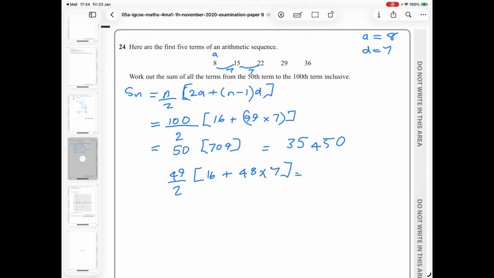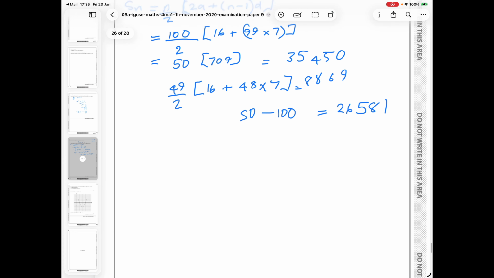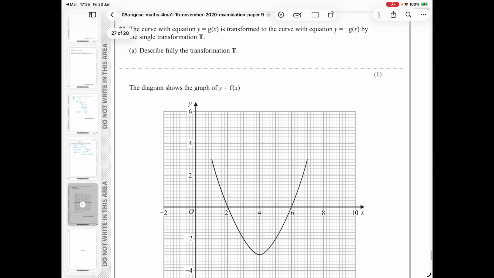And then let's just take away 35450 from that. So it turns out the sum of the terms from 50 to 100 would equal 26,581. Right, I think that did work, because if it hadn't, I don't think we'd get a whole number.